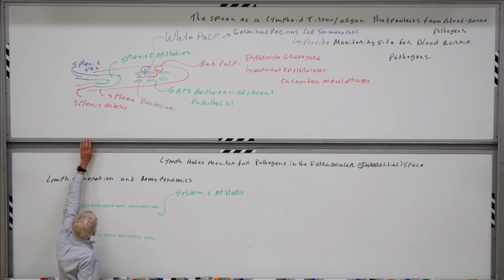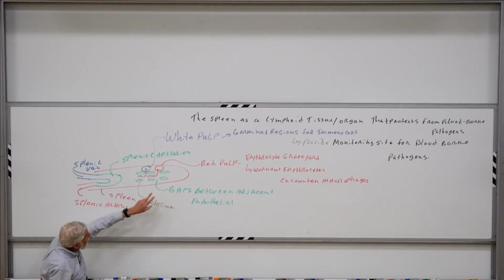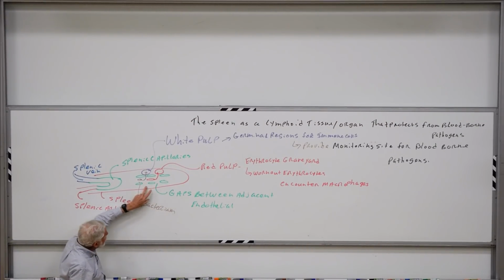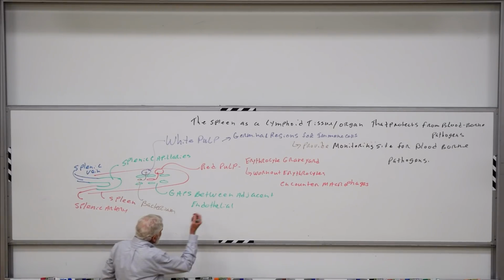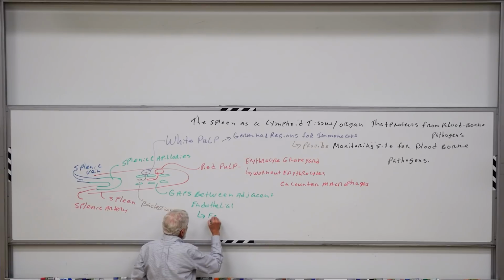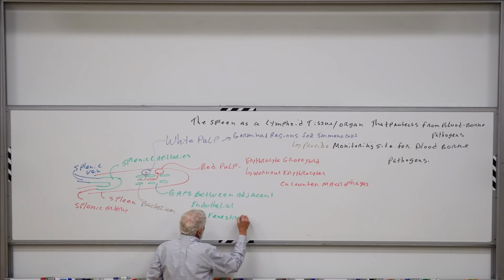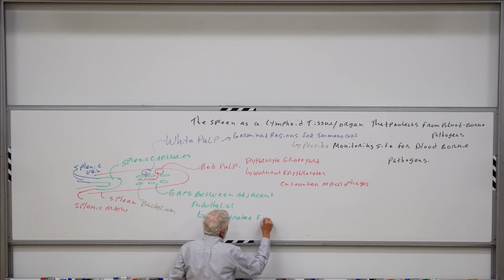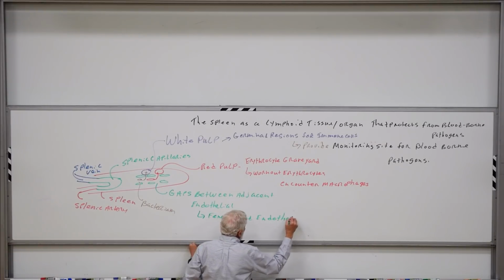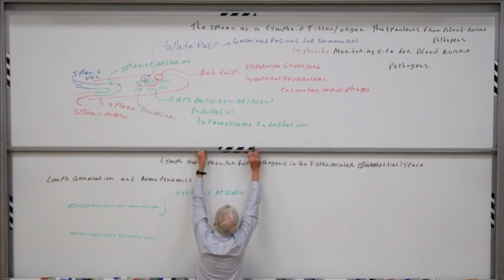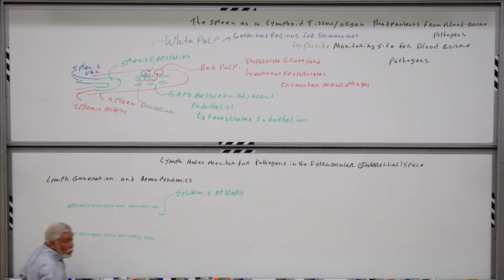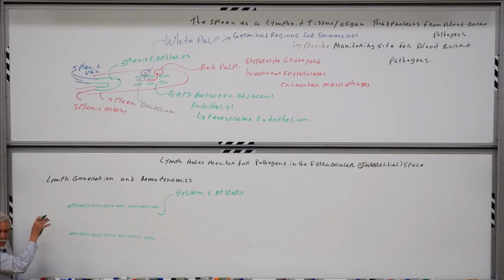Now, in contrast to the big gaps we find between endothelial cells of the spleen, which are sometimes known as a fenestrated endothelium, where fenestra is Latin for window, so they're big openings, these guys are pretty tight.